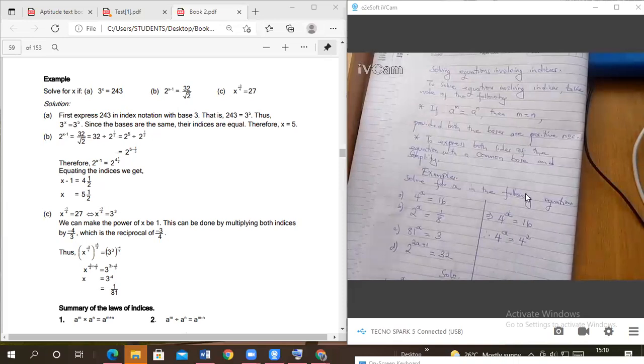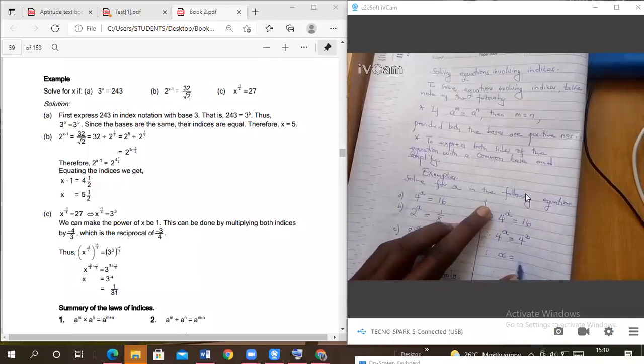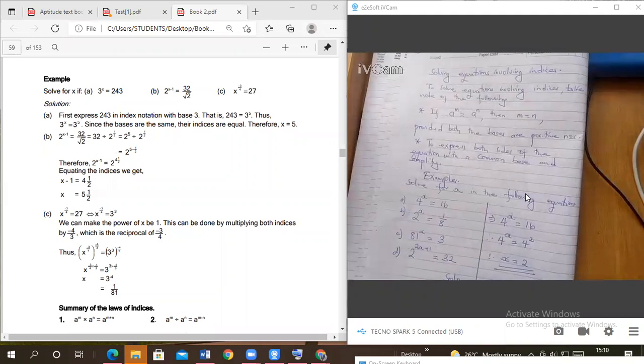They have the same base, so we equate the powers.